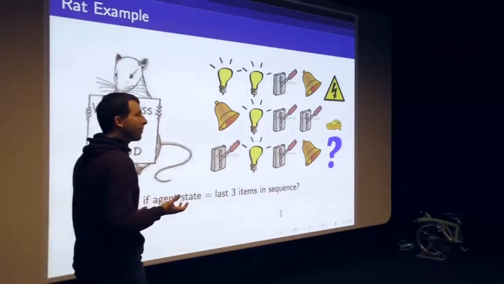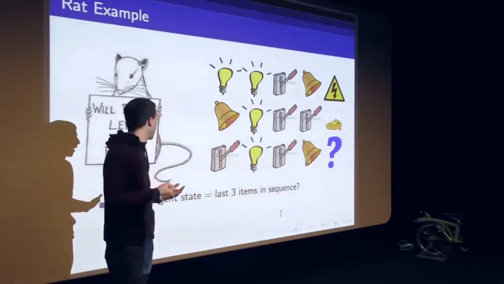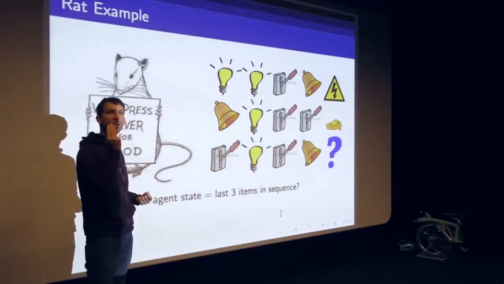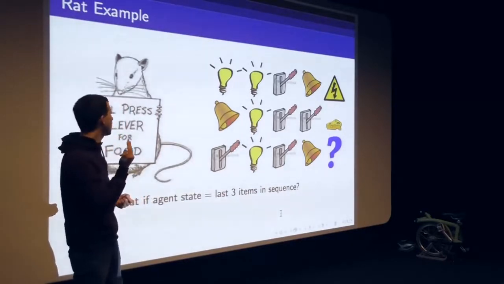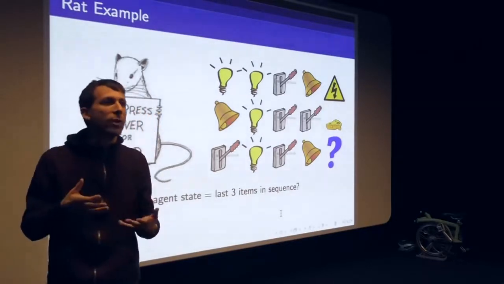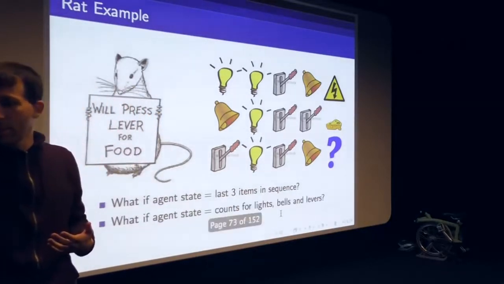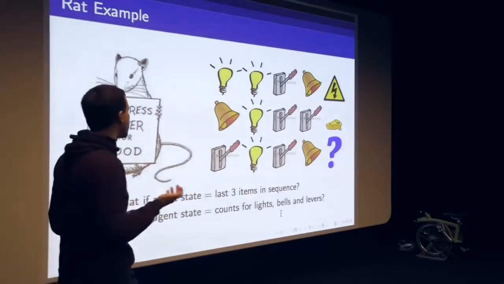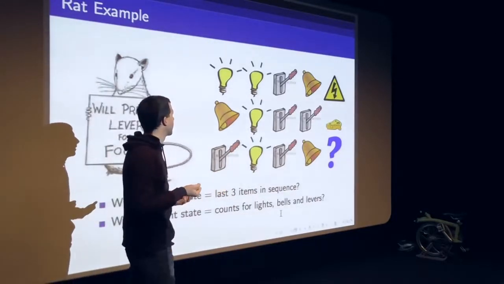So another way to say that is that if you're a rat and your agent state, the state that you're using to make your decisions, is the last three things in the sequence, then you would believe that you're going to be electrocuted. However, that's not the only choice for state. You might, for example, choose the agent state to be counts for the lights, the bells, and the levers.